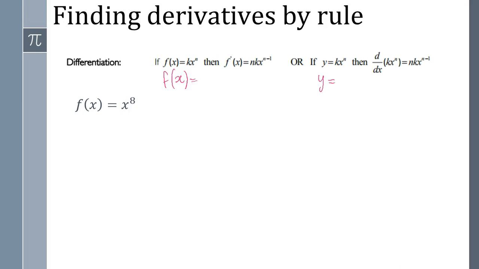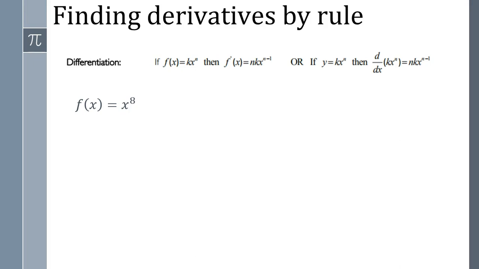So if you differentiate an f of x or g of x or whatever, you use f dash x. If you differentiate a y equals, you use dy over dx. Okay, they're exactly the same thing, and we do the exact same thing with them. So this rule here is actually the same rule. It's just written twice with different notation.